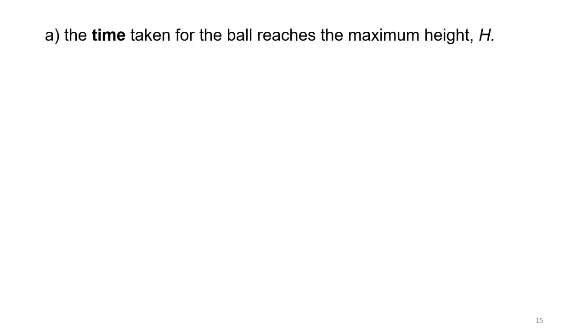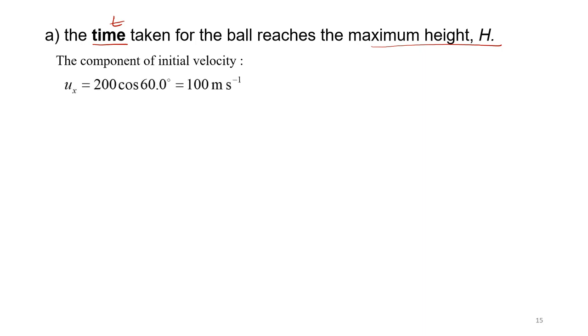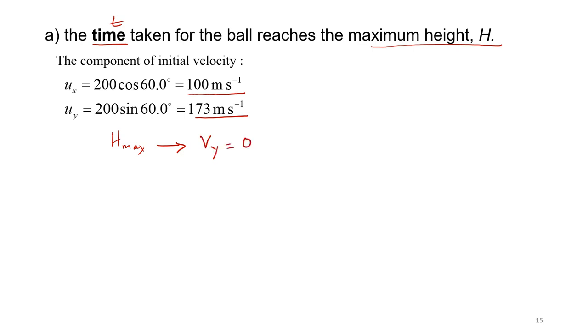Now question number A, the time taken for the ball to reach the maximum height. Given the component x of initial velocity Ux is 100 meter per second, component y of initial velocity Uy is 173 meter per second. We know that at maximum height, velocity for component y equal 0.